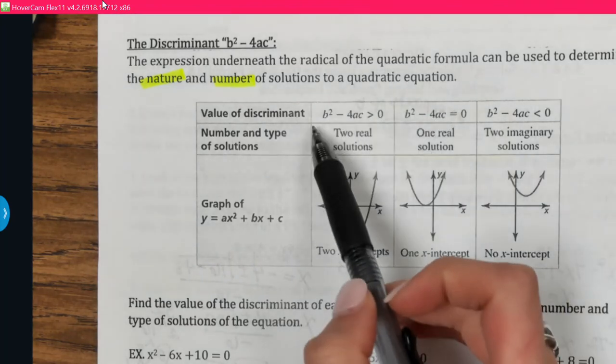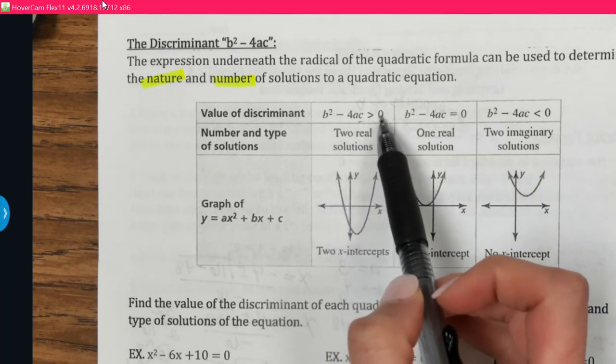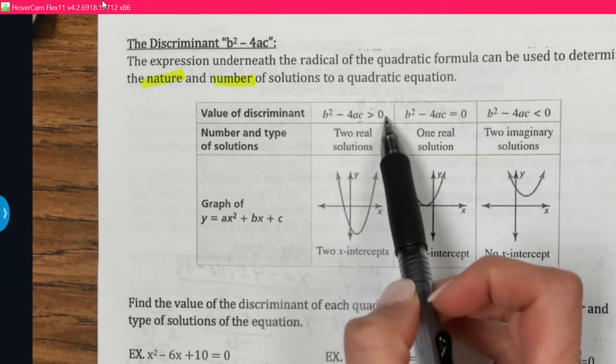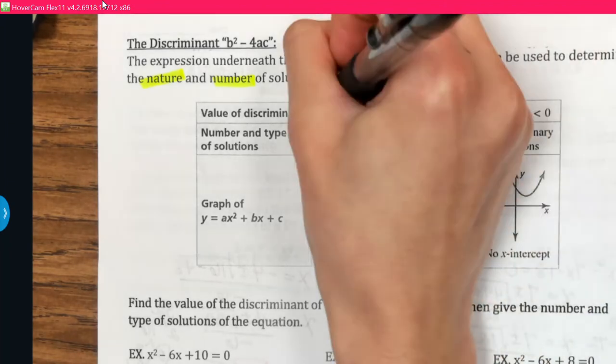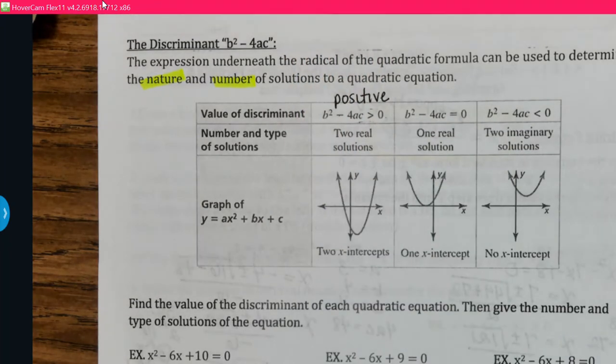So if that value of the discriminant, b squared minus 4ac, is greater than 0, what type of number is greater than 0? Positive. So if I have a positive value for my discriminant, then I have two real solutions, meaning I have two x-intercepts. Okay? You're going to have to know this, so make sure you're grasping it.